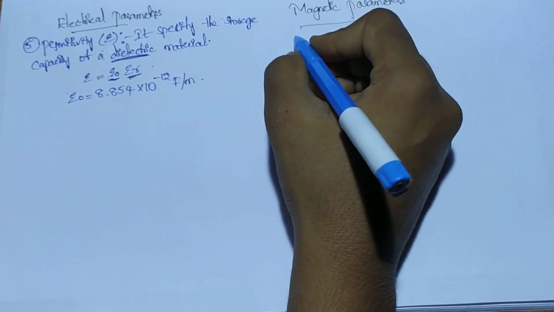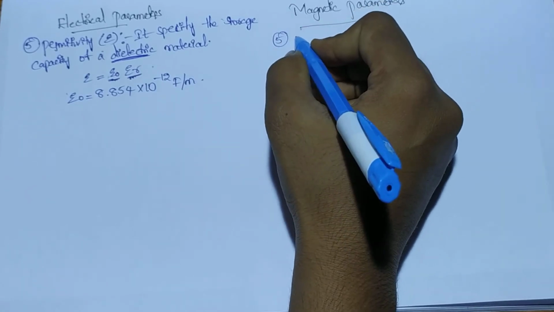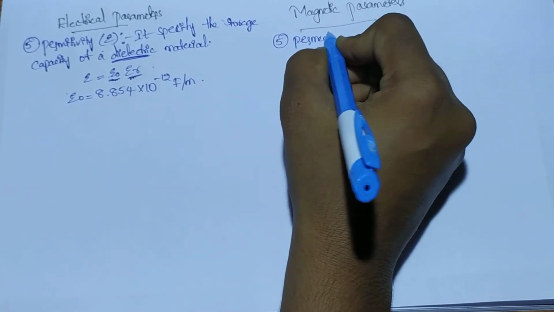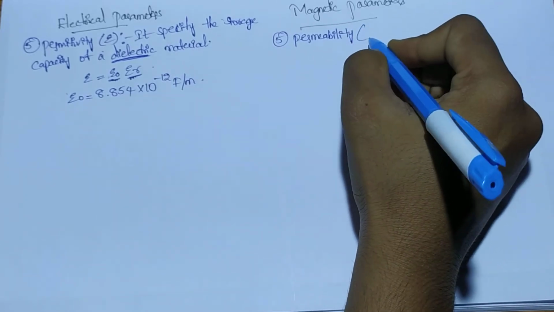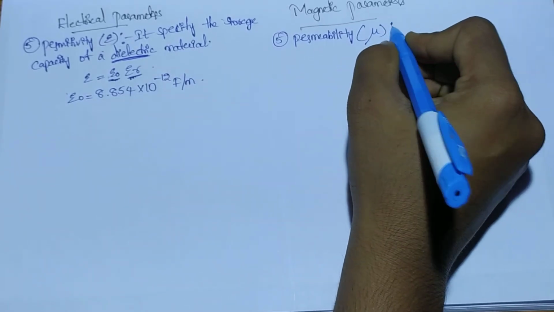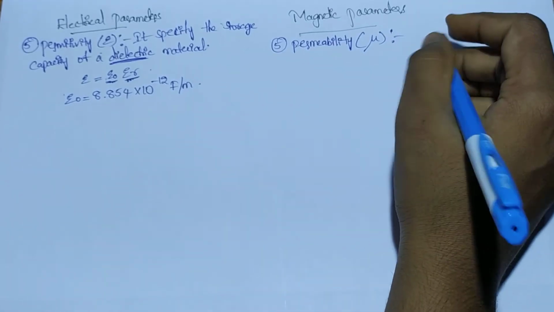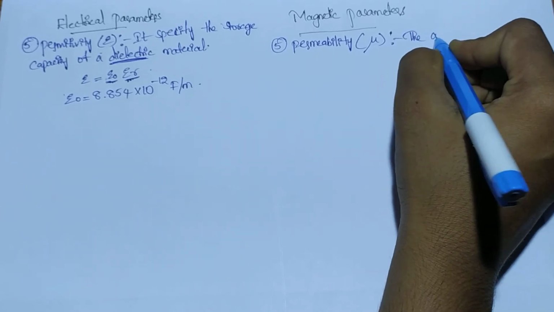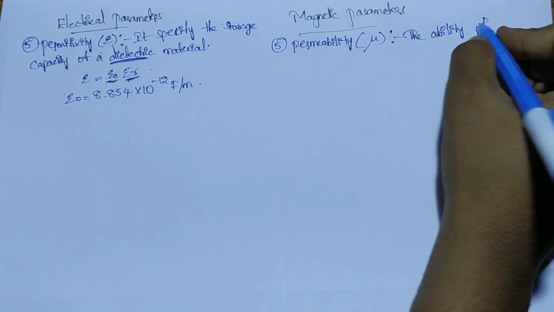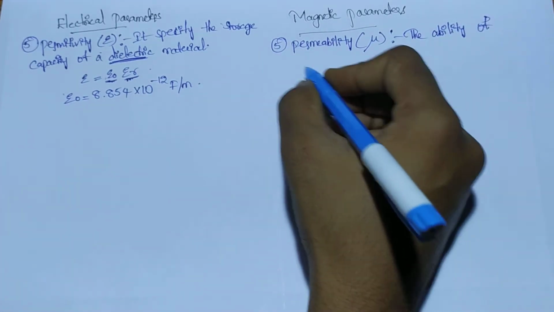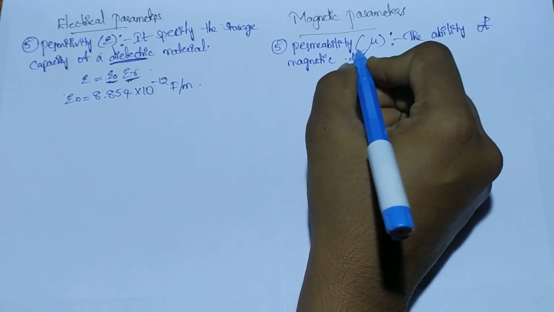Coming to the magnetic parameters, we have permeability, denoted by the letter mu. It states the ability of magnetic flux.